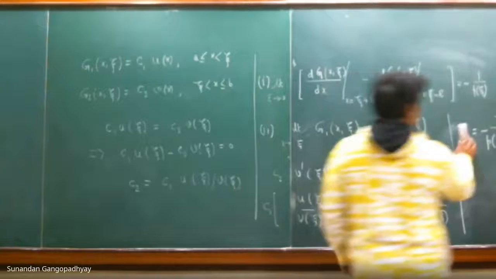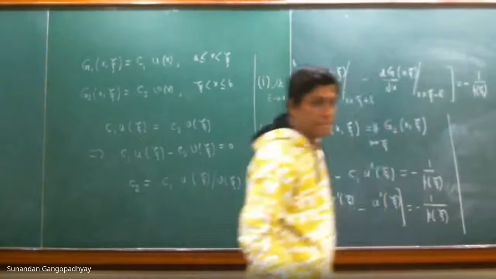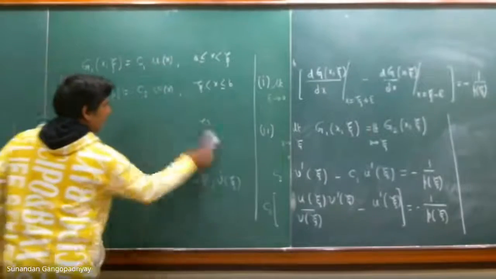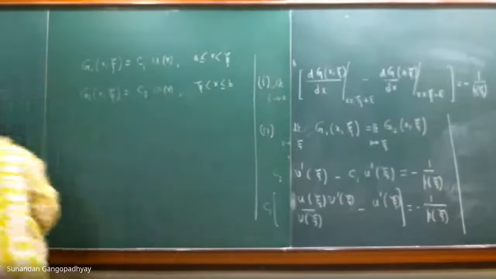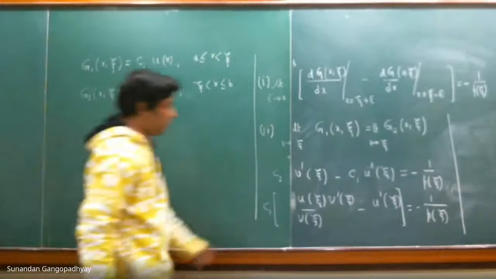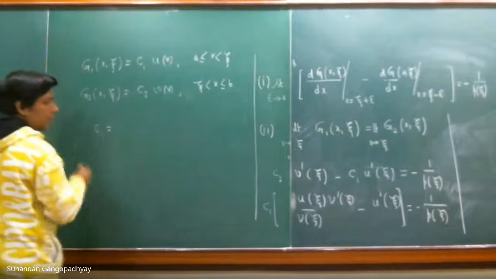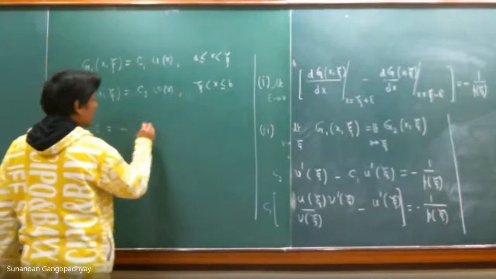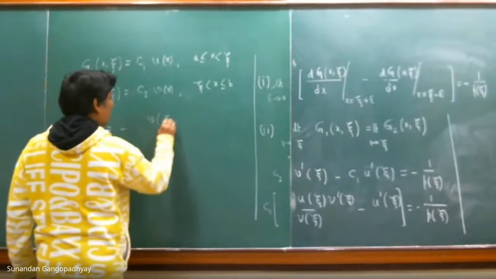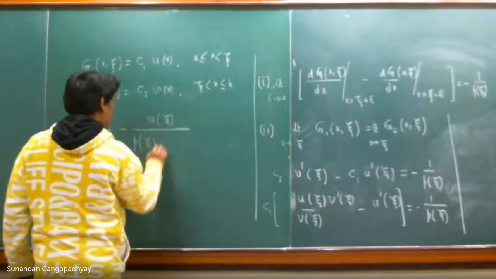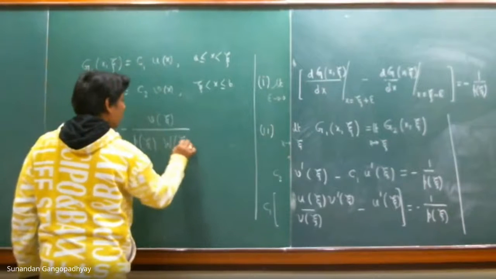So you can see from this equation that c1 is equal to minus v of xi by p of xi into w of xi.